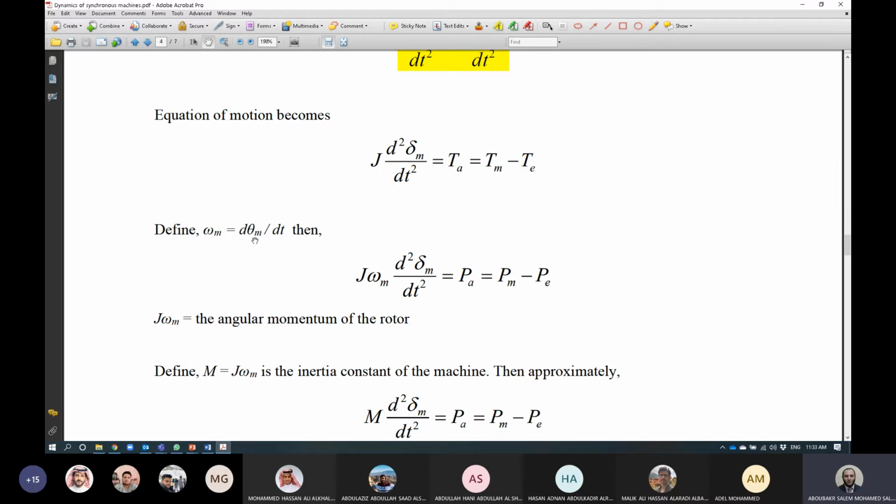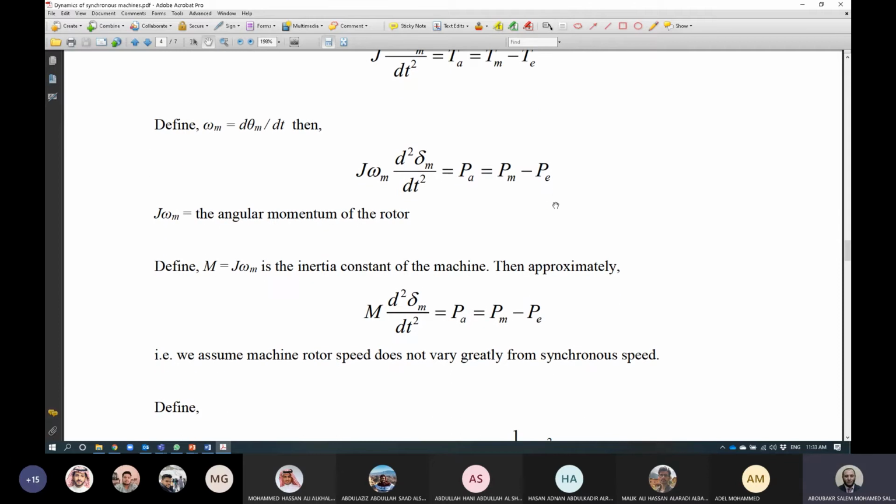Okay, so if we multiply omega by T, this is nothing but power. So we can say now J omega d square delta by dt square equals PA, which is PM minus PE. Now, guys, there are many definitions for inertia, many inertia constants.